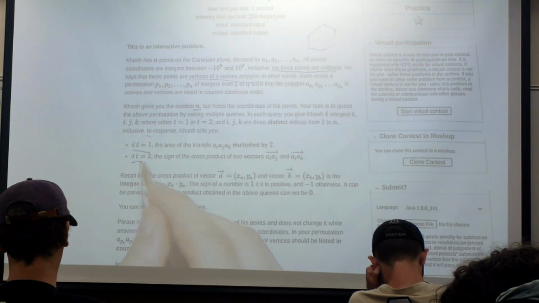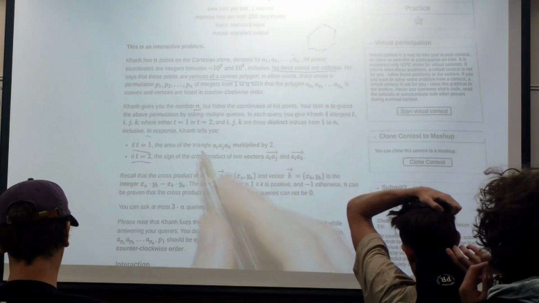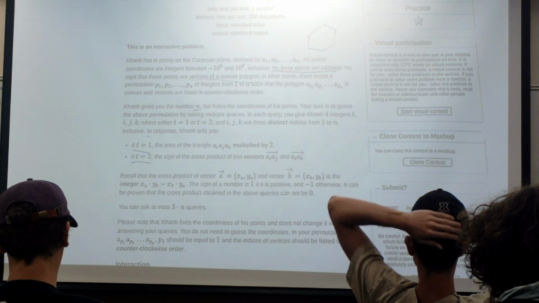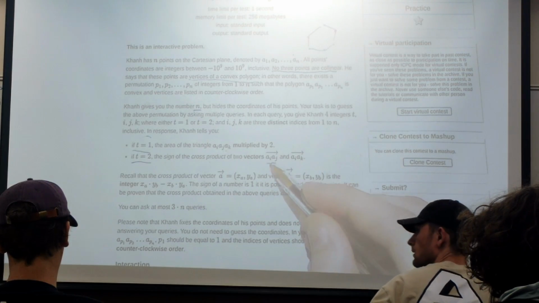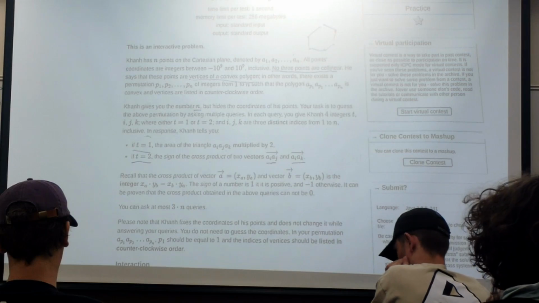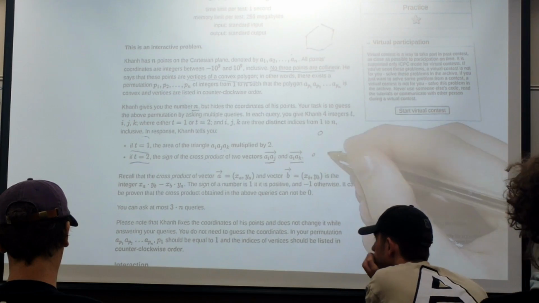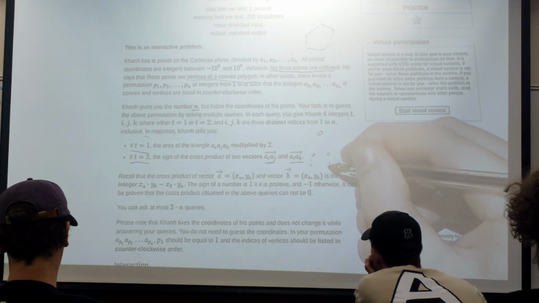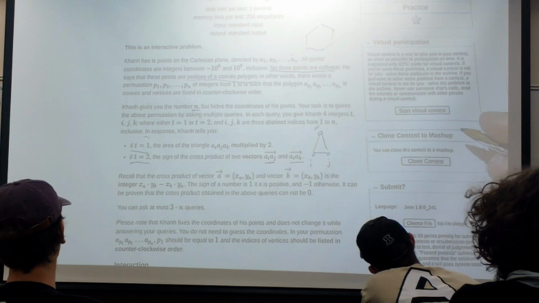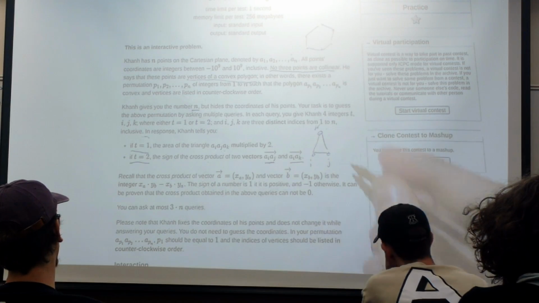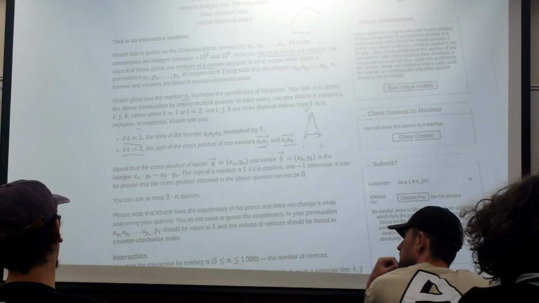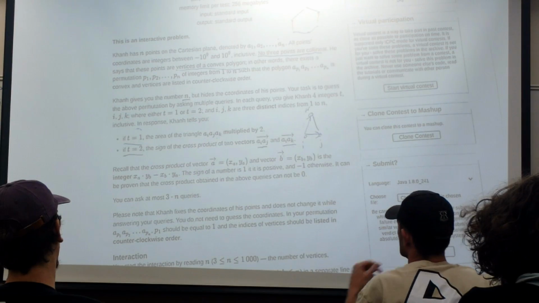For a type 2 query, we get the sign of the cross product of the 2 vectors between the i point and the j point, and the i point and the k point. If we visualize i, j, k, they form this triangle, and we get the sign of the cross product between the vector i to j and i to k. So these are the 2 query types.